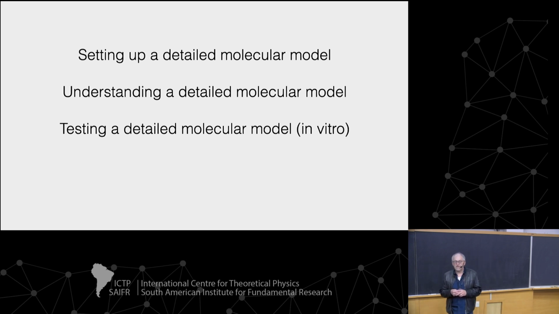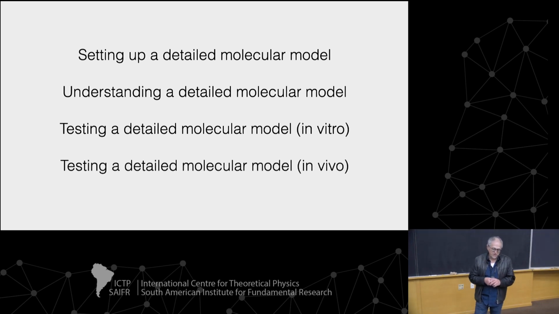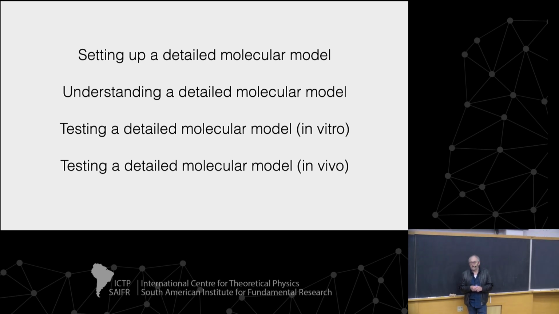One is to test a theory in a reconstituted system, and with that we mean a system which is taken out of the actual biological system and reconstituted outside of the organism. That's called an in vitro system. And I'll do that. And then also show you how you can test this detailed molecular model in the actual living system, so in vivo.